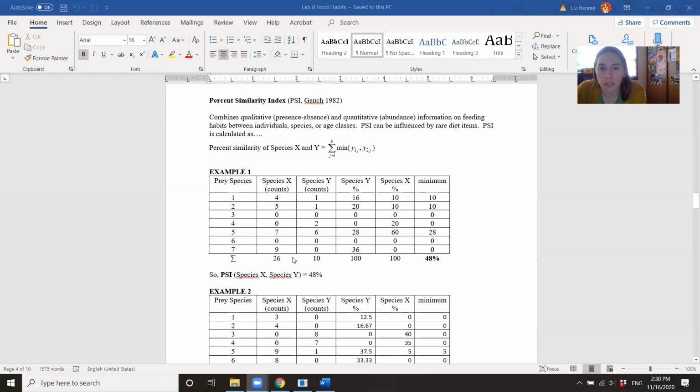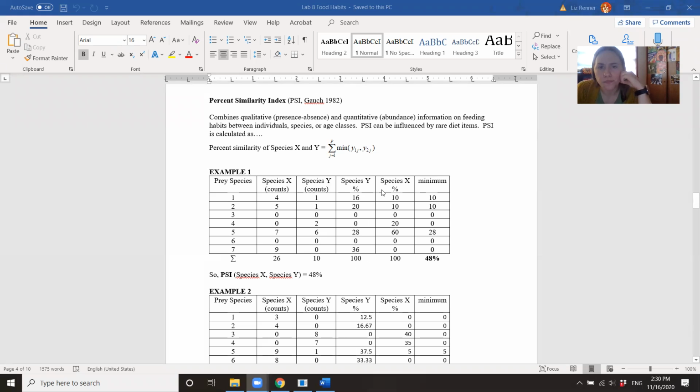and 9 that had number 7. And so the sum of that would be 26. Same thing going down the catfish. We had 1 catfish swallow a bluegill, 1 catfish swallowed a dollar sunfish, and so on, for a sum of 10. And then this will be the percentage of each of these.